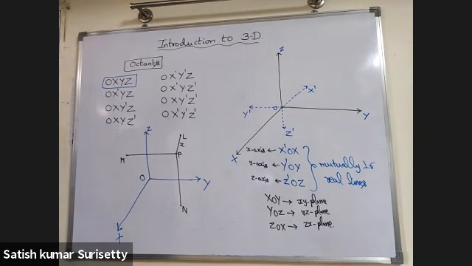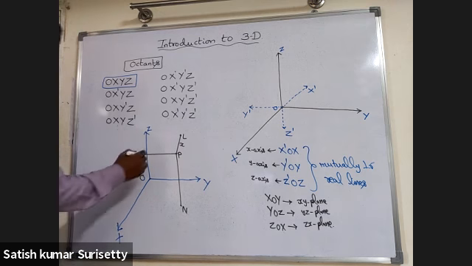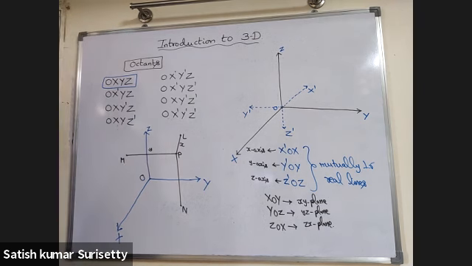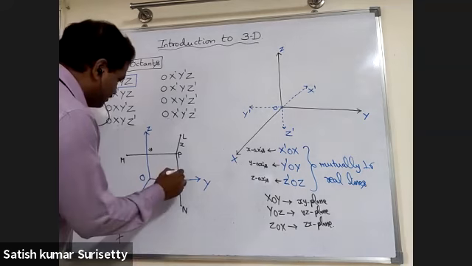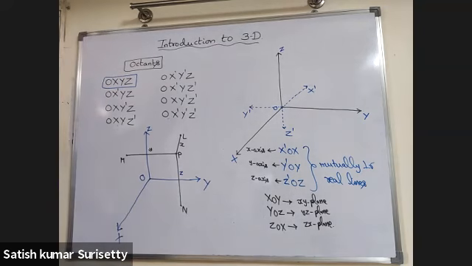Similarly, the directed distance of the point P from ZX plane is called y coordinate, and the directed distance of the point P from XY plane is called z coordinate.